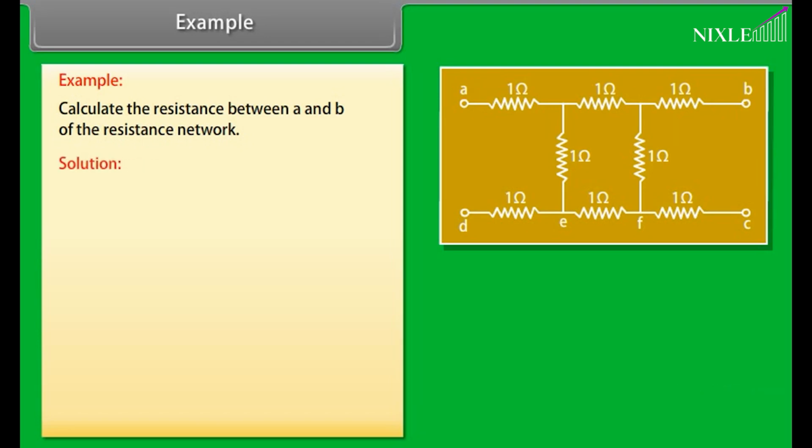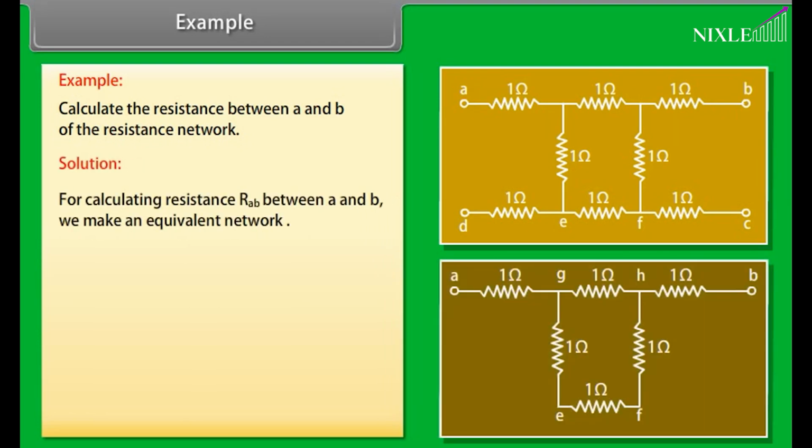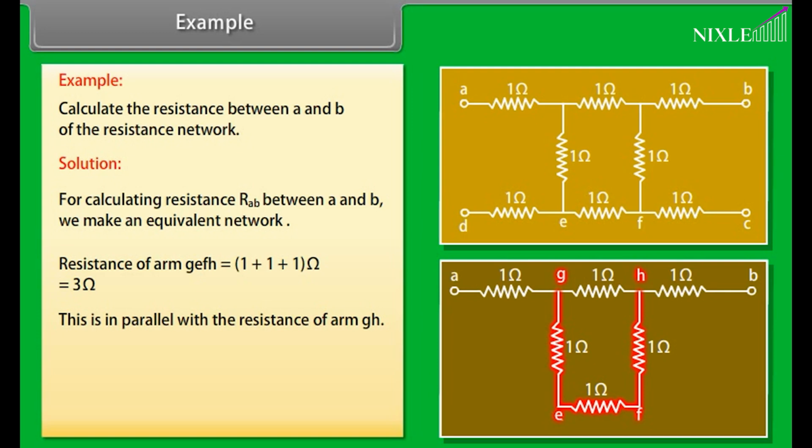Let's see the solution. For calculating resistance RAB between A and B, we make an equivalent network shown in figure. Now we calculate resistance of arm GEFH, which is equal to 1 plus 1 plus 1 within parenthesis is equal to 3 ohm. This is in parallel with the resistance of arm GH.